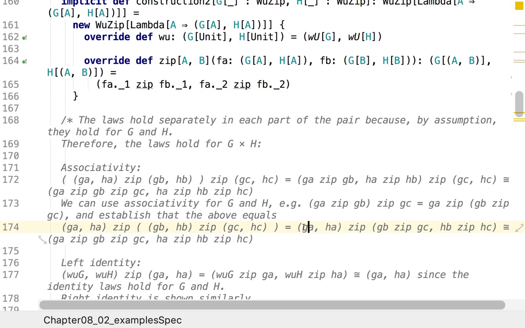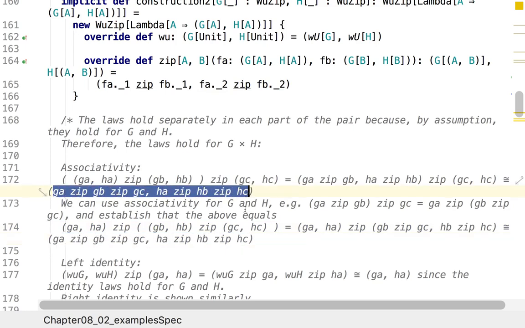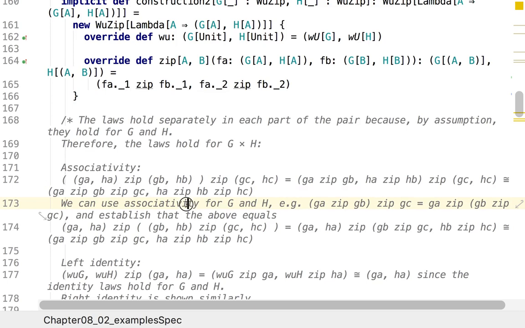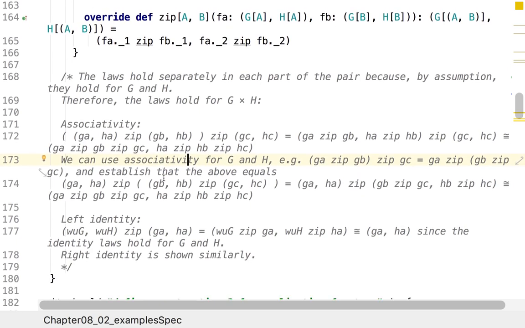So again, we zip the first component with the first component, the second component with the second component, and the result is this. So we get exactly the same result after using associativity for G and H. So that proves the associativity law more rigorously.